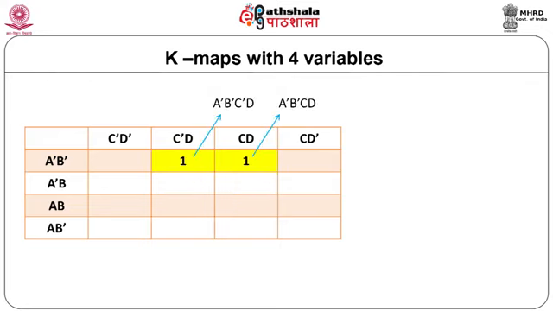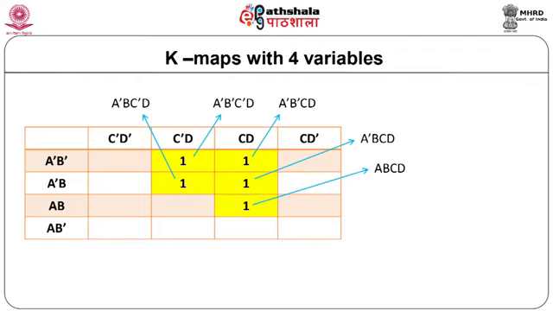Let us put 1 for the second term as well. We are repeating the procedure for the third term as well. Referring back to the truth table again, you can put the value 1 at appropriate cell positions. Let us put 1 for the fourth term as well.